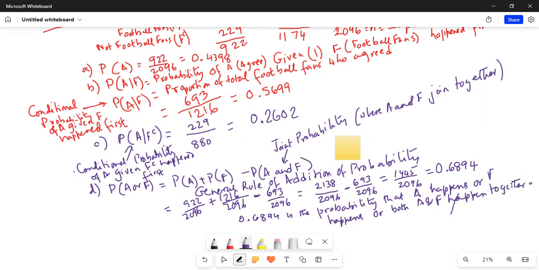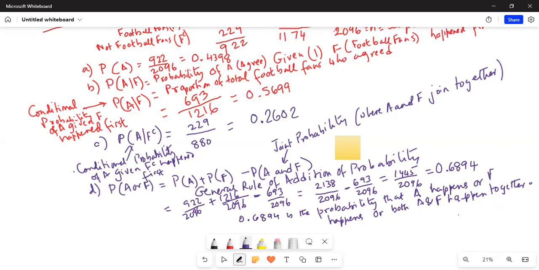So there's a 68.9% chance that A happens or F happens or both A and F happen together.